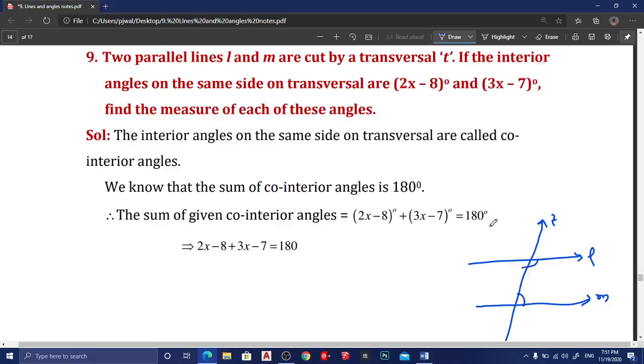One angle is 2x minus 8 degrees, and the second angle is 3x minus 7 degrees. Angles are given in the form of expressions. So now we have to find the measure of each of these angles.